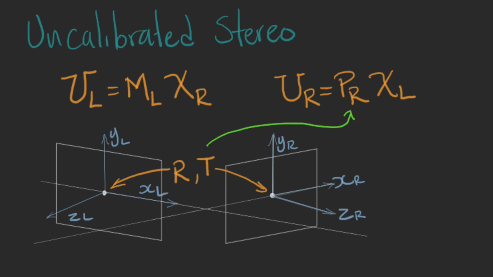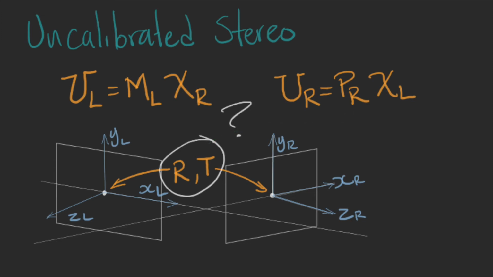We take the perspective projection equations of each camera and we include the translation and rotation in the formula of one of them. And then we obtain the projection from one camera to the other. And we can solve again the linear system to find Z.